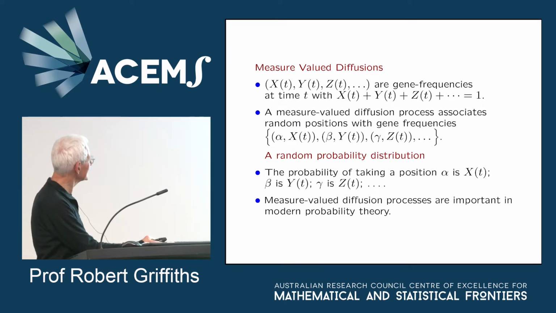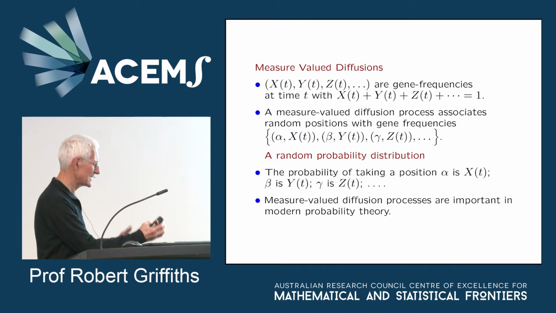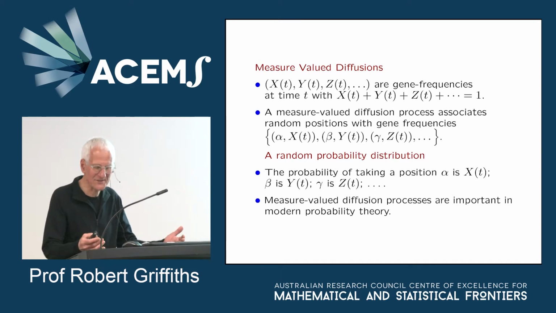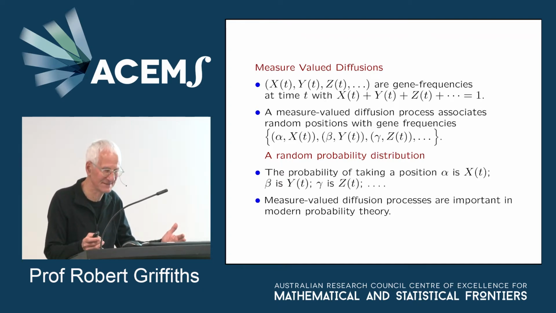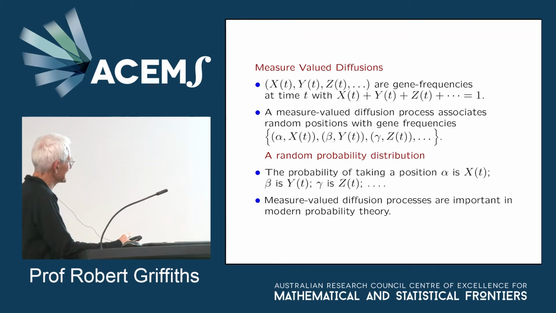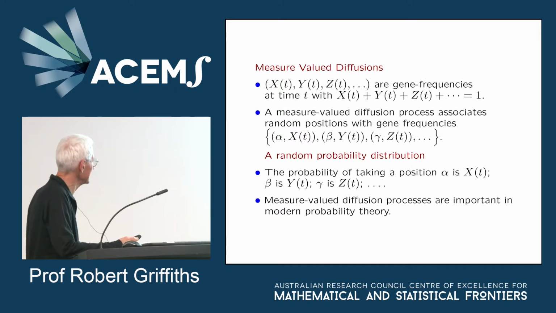So you've got positions here, alpha, with probability x of t. Beta can be random, y of t, gamma, z of t, and so on. So you're probably used to probability distributions which have fixed values. But here they have random values. So the positions can be random and also the probabilities are random here.